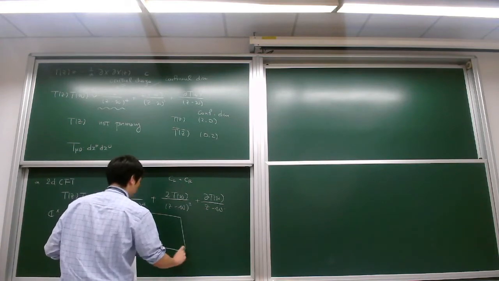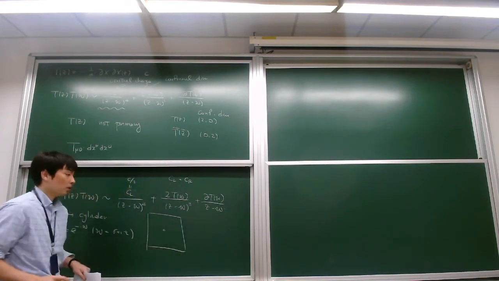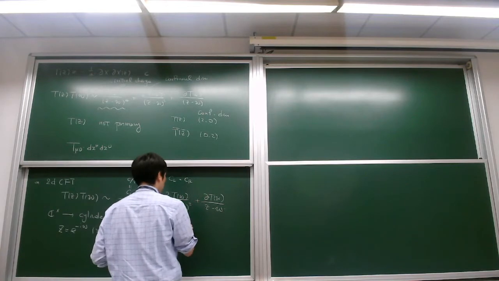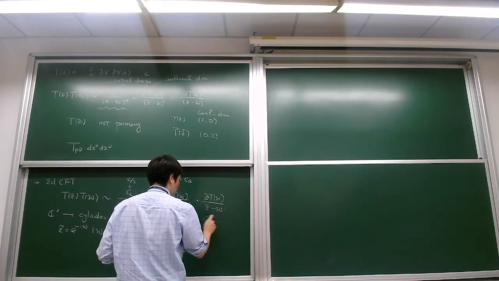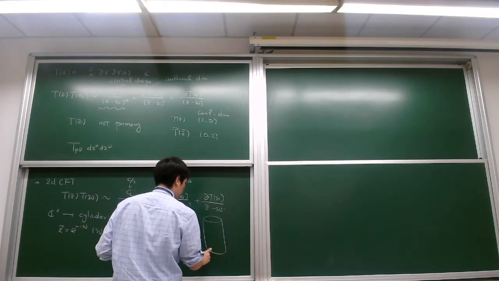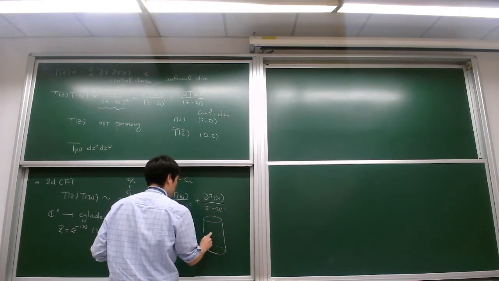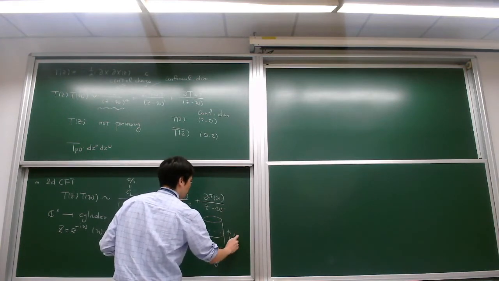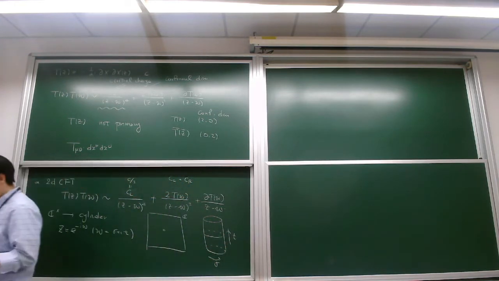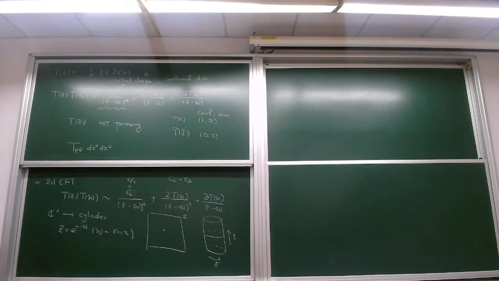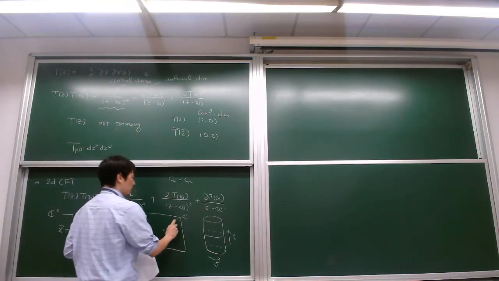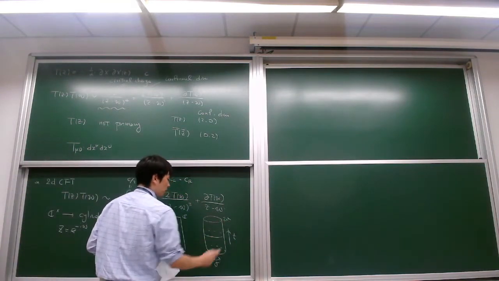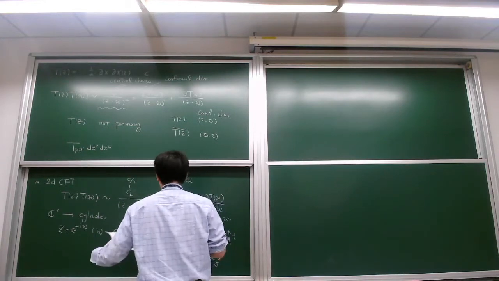C star is just the complex plane with the origin removed, and the cylinder looks like this: this direction is sigma, this direction is t. Now we use the Euclidean signature. That's the z plane, and this is the w coordinate, sigma plus i t.